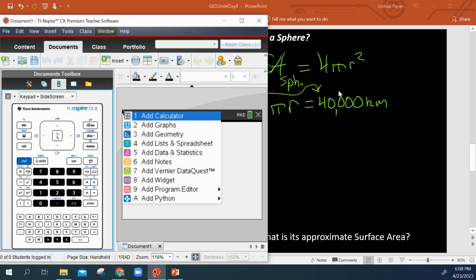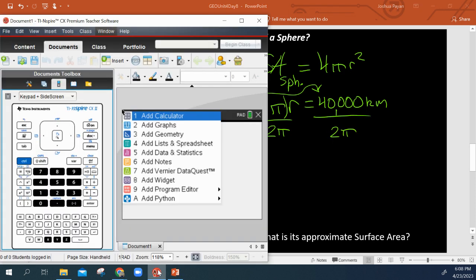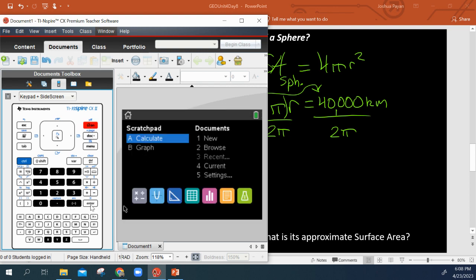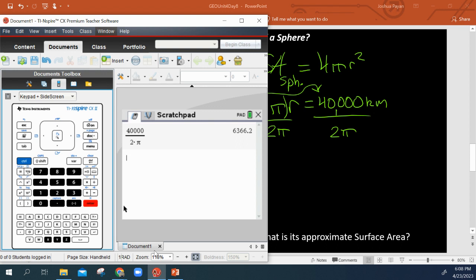Obviously, we are going to need to get r by itself. To get r by itself, we need to do the inverse of multiplying by 2 pi, which is to divide by 2 pi. And if I divide by 2 pi, that's where I need the calculator. So I'm going to say 40,000 divided by 2 times pi. That number looks familiar because I've given you problems regarding the radius and circumference of the Earth before.